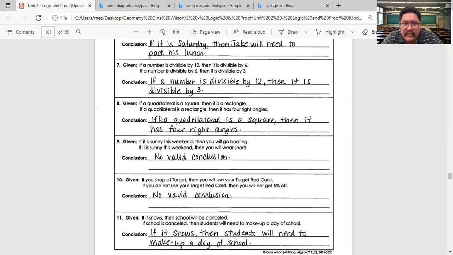So conclusion, if a quadrilateral is a square, then it has 4 right angles. So again, they remove the part where it says it's a rectangle, because we already know that both of them are referencing that they are rectangles. So we can say that this statement leads to that statement, even though they're in 2 different statements.